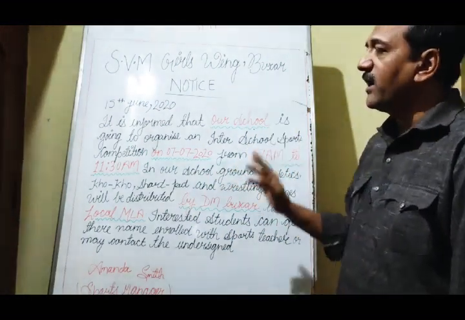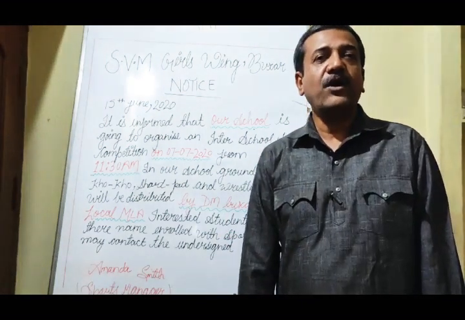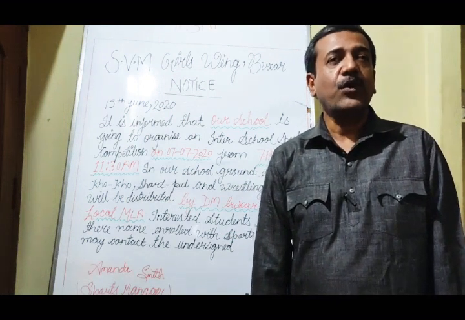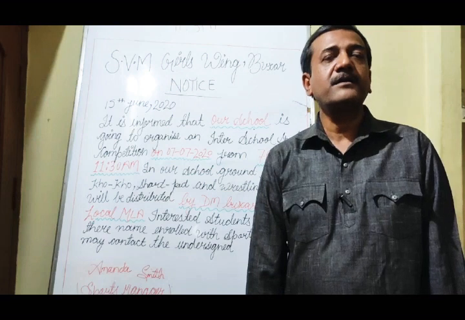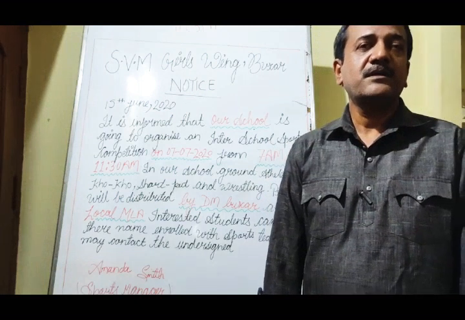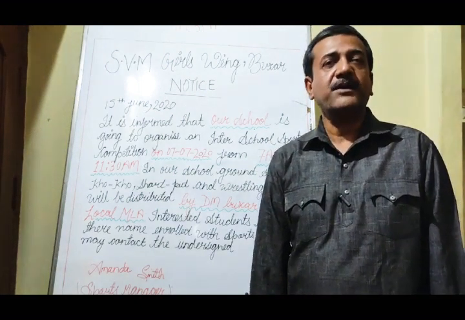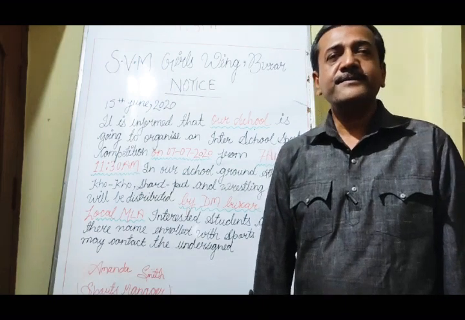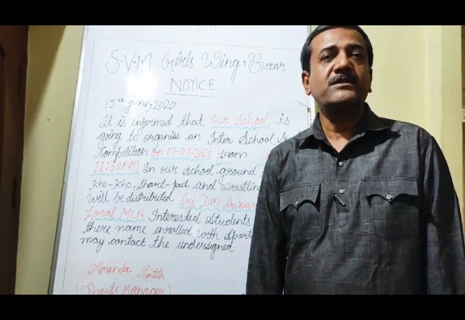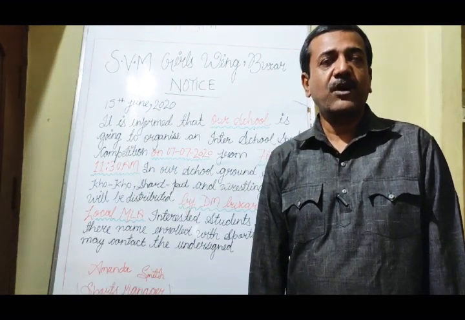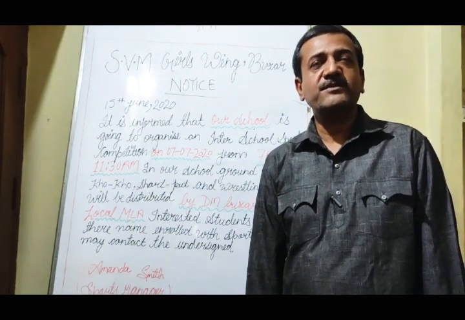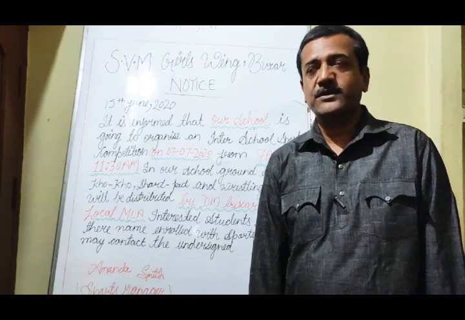Your notice must answer 4 or 5 WH questions. You all know them: what, when, where, why, who, and how. Usually these are the WH questions, and your notice must answer them. Not all 5 or 6, but at least 4 or 5 questions must be answered in your notice.